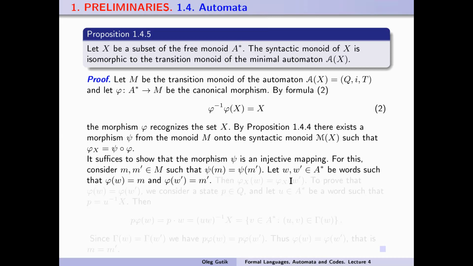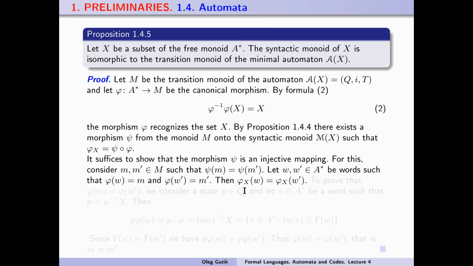Let w and w' be words from our alphabet A, such that φ(w) is equal to m and φ(w') is equal to m'.